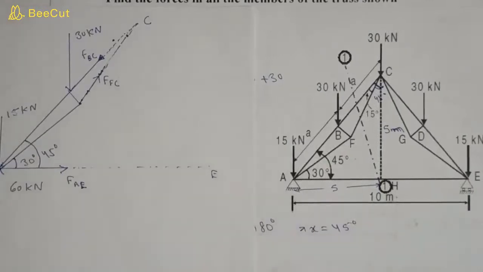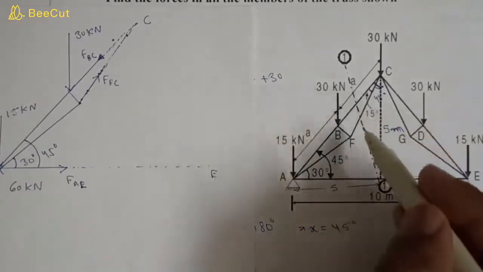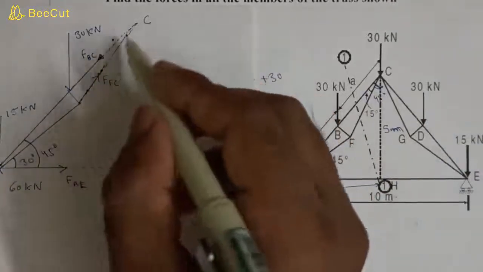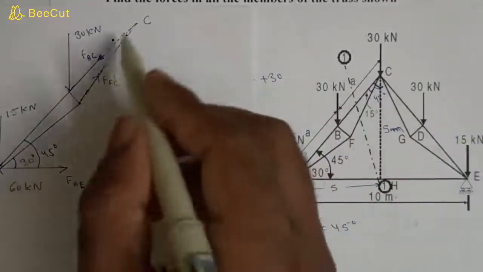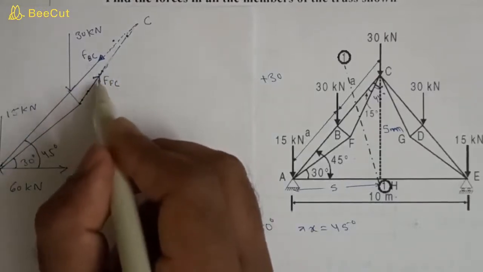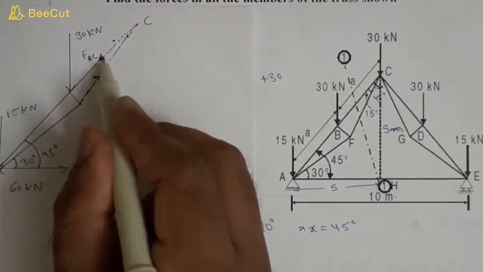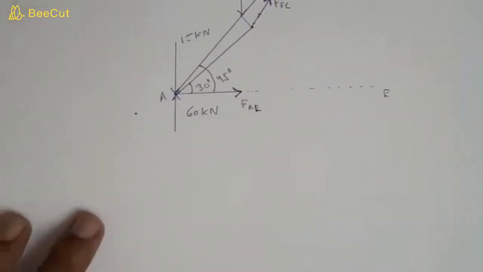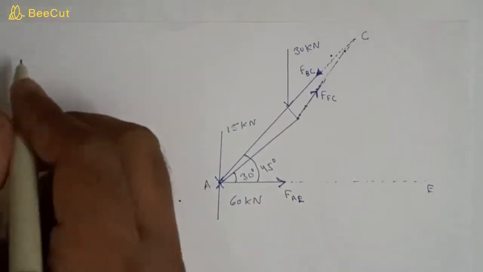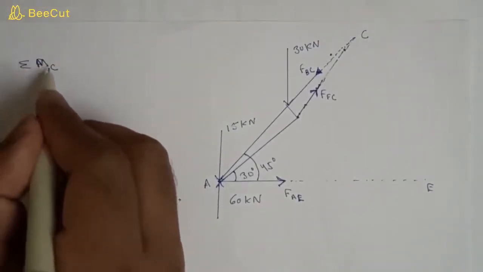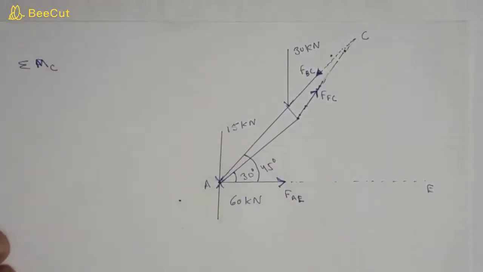So I have drawn the truss on the left side of section 1, and I have extended the members by dotted lines to point C and point A, and we have assumed the direction of forces in the members as shown in the figure. Now we can take the sum of moments about point C as 0, because both parts of the truss are in equilibrium.